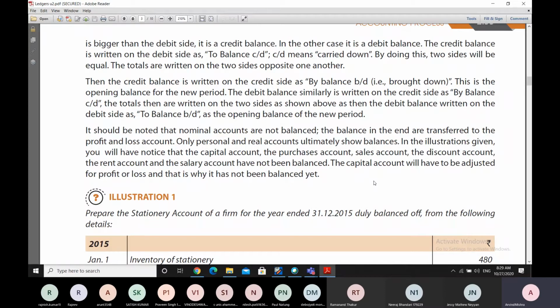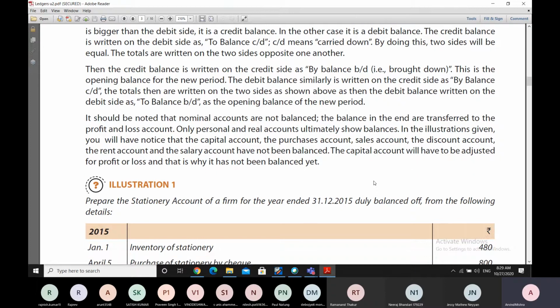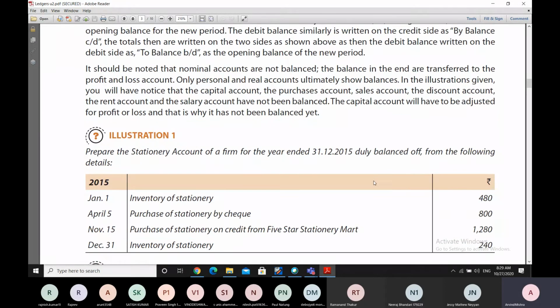And so you can say till the time the profit or loss is determined, the capital account will be waiting for the entry from the profit and loss account to be made in the capital account, and so the capital account also doesn't need to be balanced.